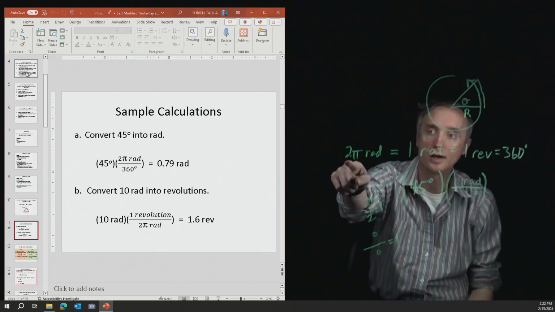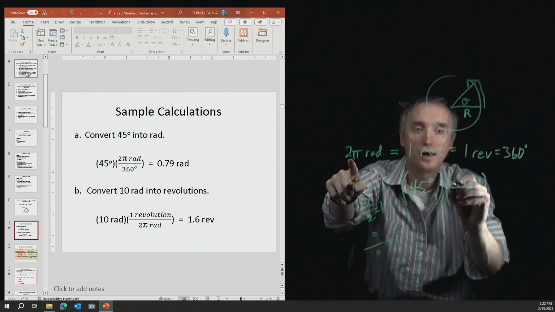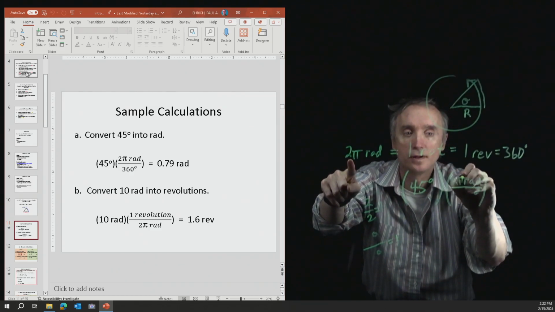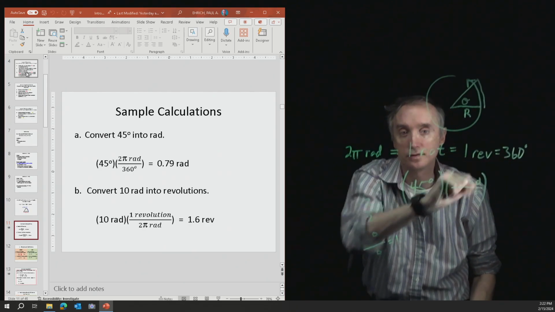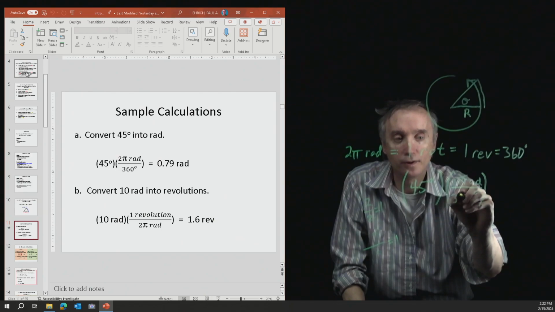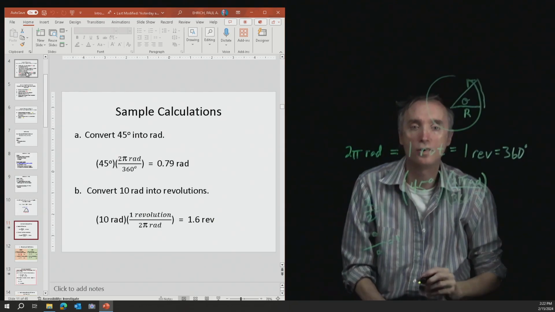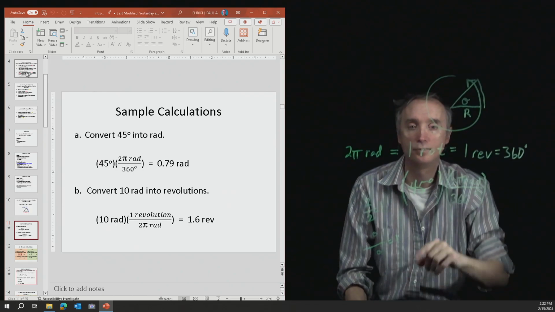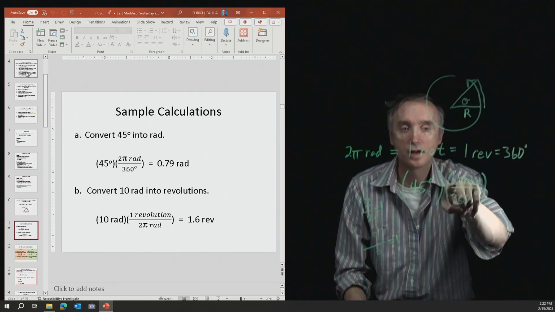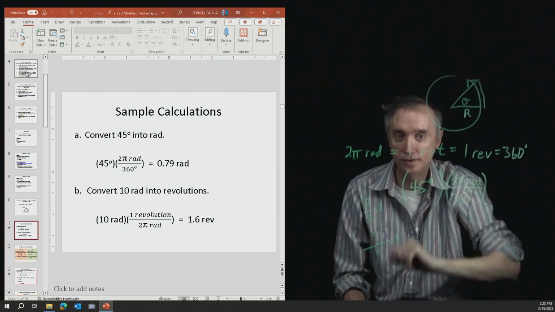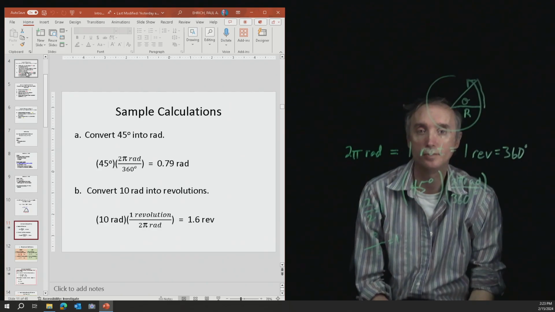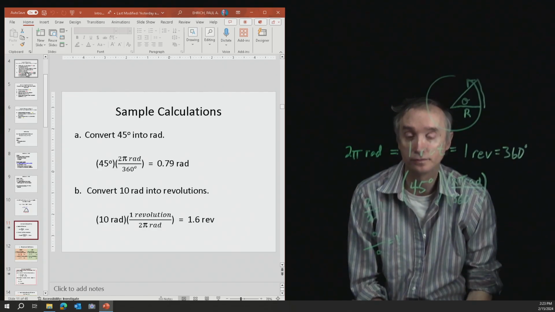And so it says right here that 2 pi radians is going to be equal to 360 degrees. So we're going to put that in here. So now all we've got to do is get out our calculator and multiply 45 times 2 times 3.14, so that's pi, and then take that answer and divide by 360. And so that turns out to be 0.79 radians.